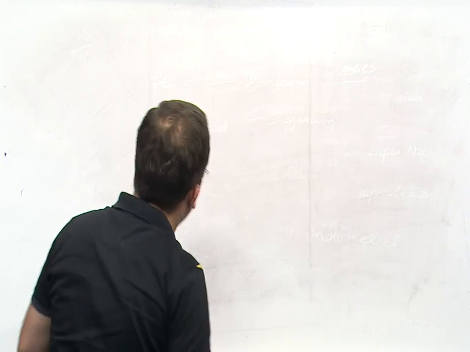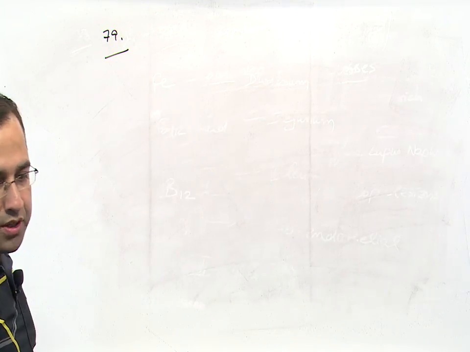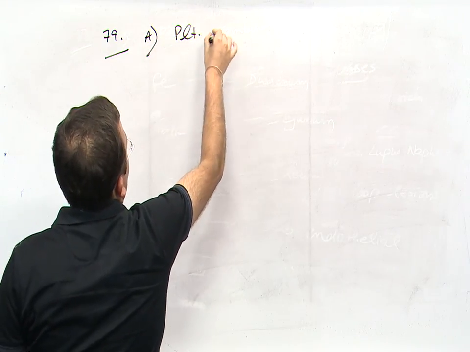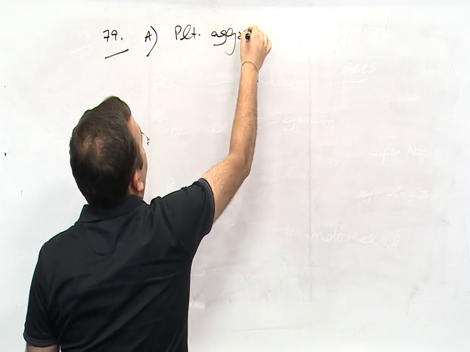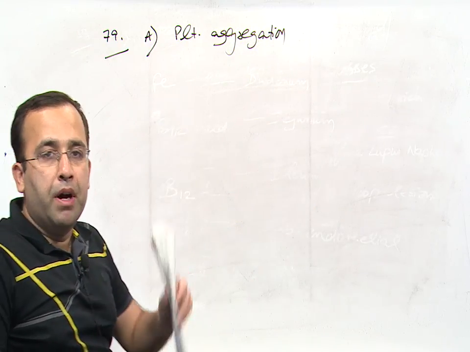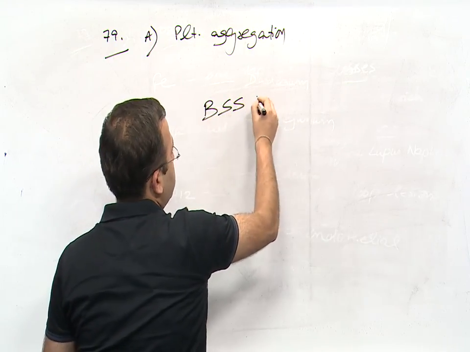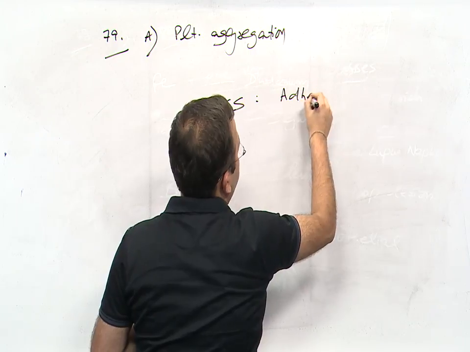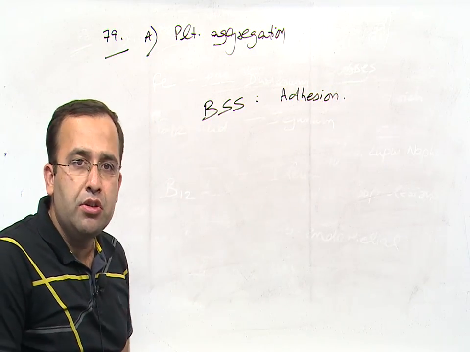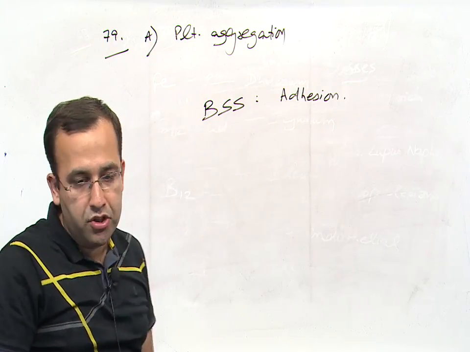Question 79. In Glanzmann's thrombasthenia, we have just seen this. This is a defect in platelet aggregation. We have just seen that Bernard-Soulier syndrome, that is BSS, is a defect in platelet adhesion, whereas Glanzmann's thrombasthenia is a defect in platelet aggregation.